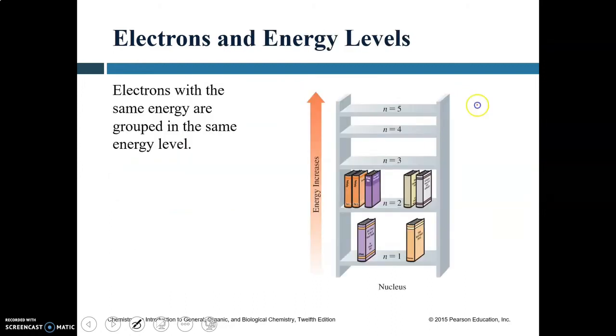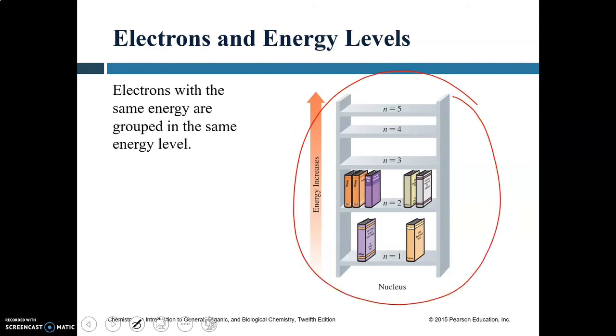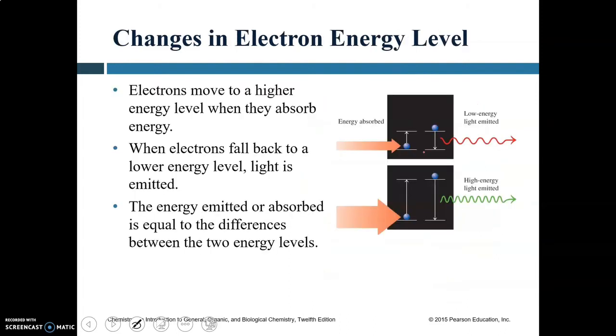So here you have an illustration of electrons and the energy levels. You see you have a couple of electrons that are occupying the first energy level, okay, and here you have 5 electrons that are occupying the second energy level. When electrons absorb energy, they move to a higher energy level, right here or here. The more energy is absorbed, the higher the jump is going to be.